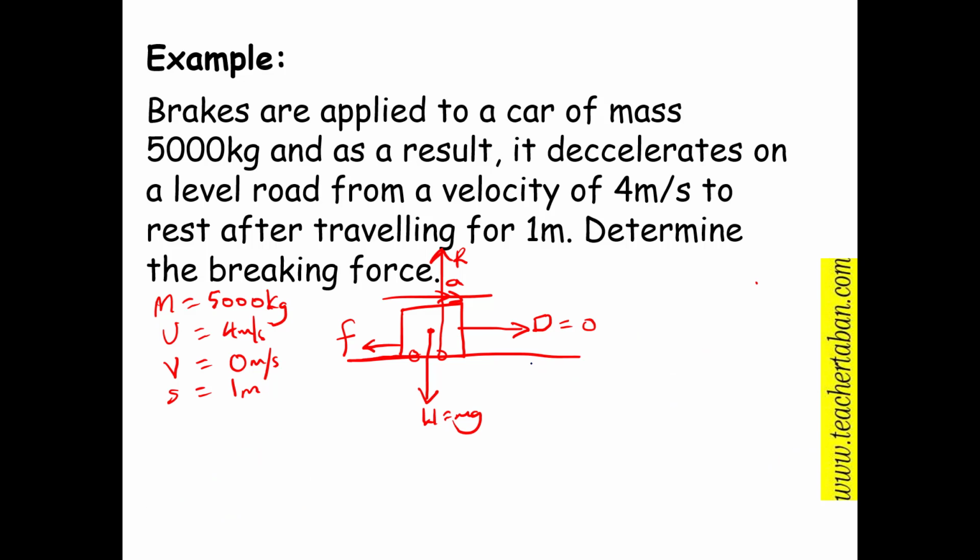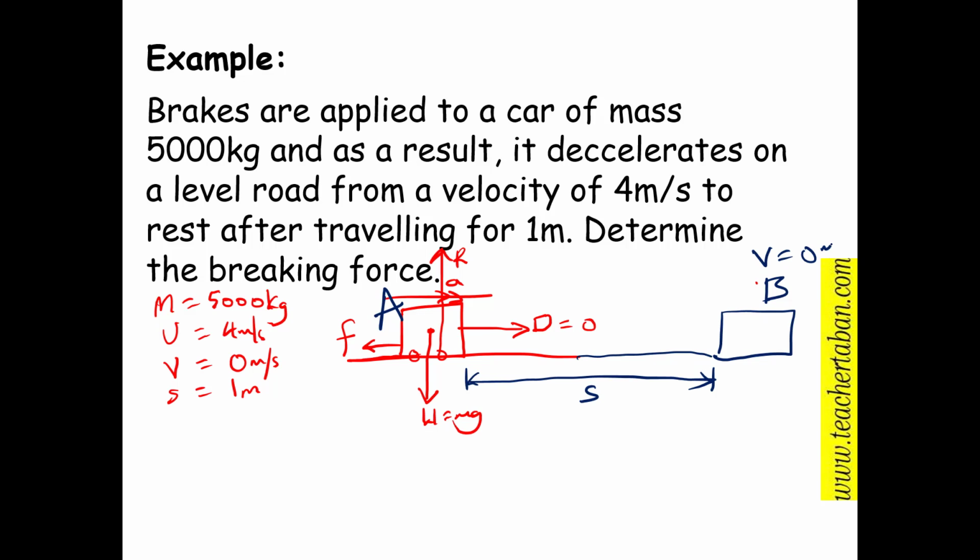So using the work energy theorem, we have two locations, the initial, which is A, and then the final location, which is B. At the final location, the body has moved through a distance S, which is 1 meter, and the final velocity here is 0 meters per second. The braking force has moved through that distance S. Of course, this one is still 0.